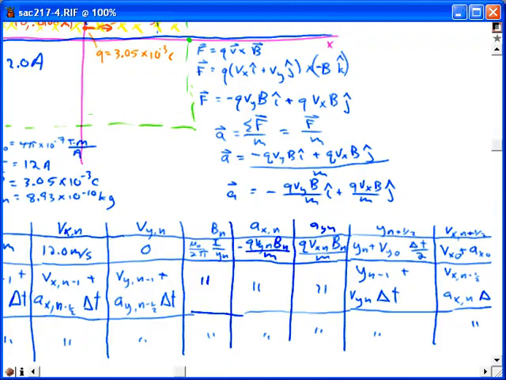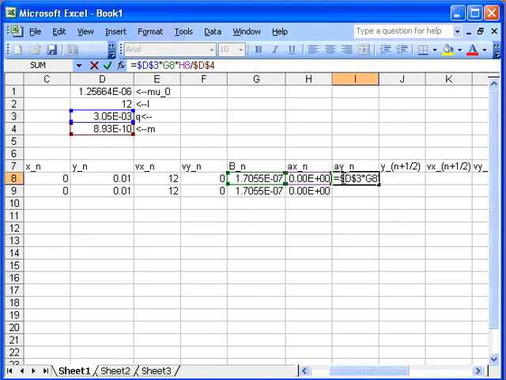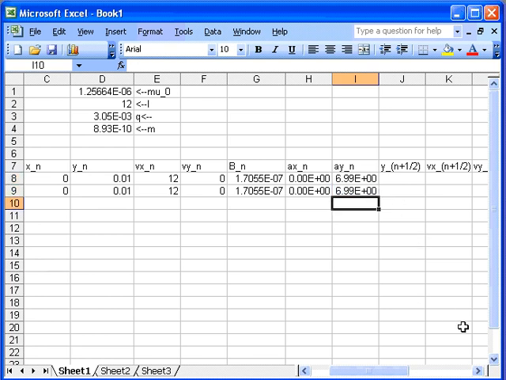Other than that, quite similar. So this was my V. And the Vx is in column E. So E, and then times the B, and that B is in column G, and then all divided by the mass. So I think that's good. That gets copied down there.